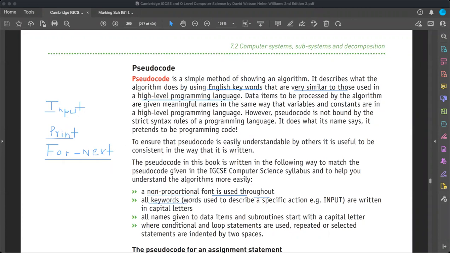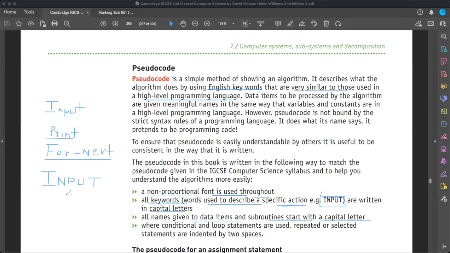All keywords, words used to describe a specific action, like input, are written in capital letters. So if you're writing an algorithm in pseudocode, input should be written in capitals, and the same for any other keyword. All names given to data items and subroutines start with a capital letter.